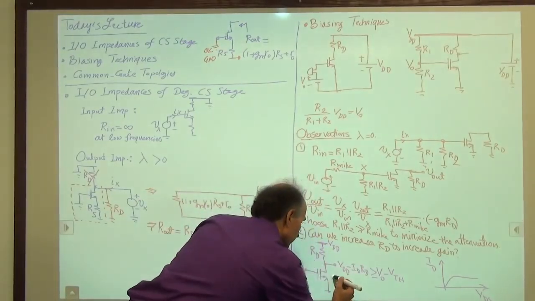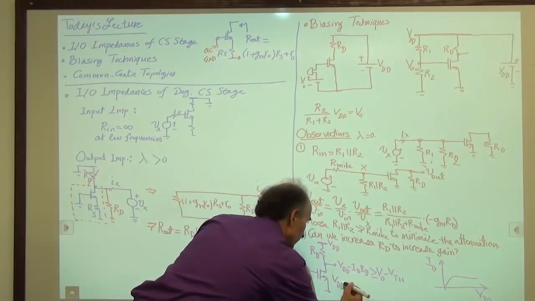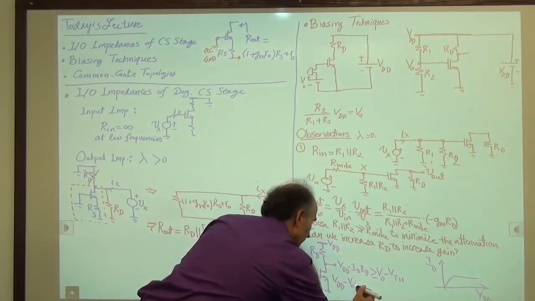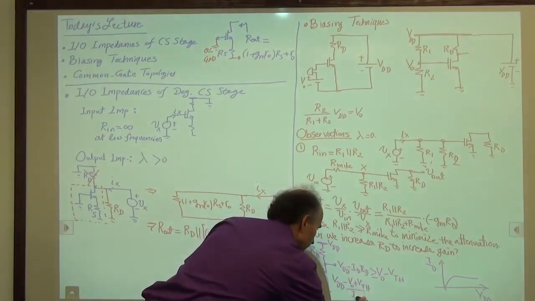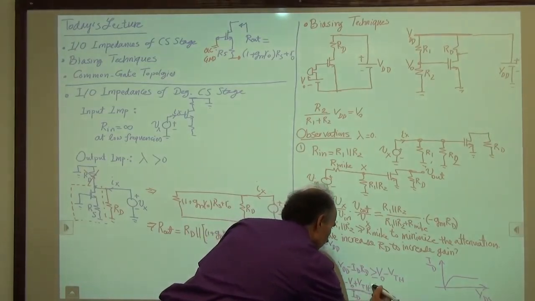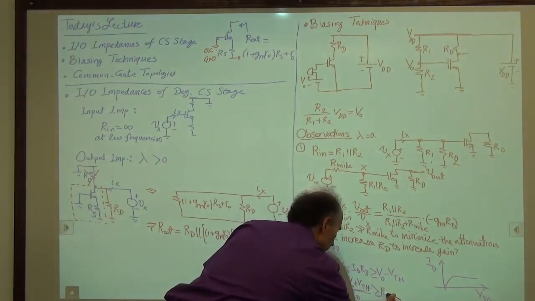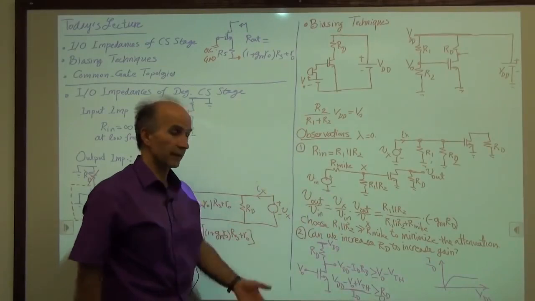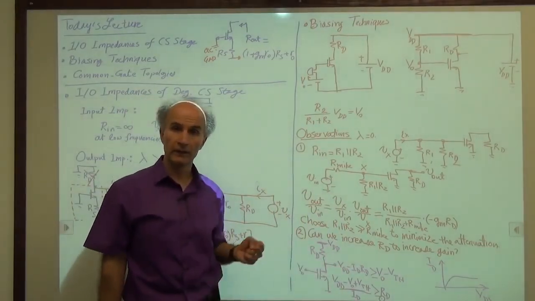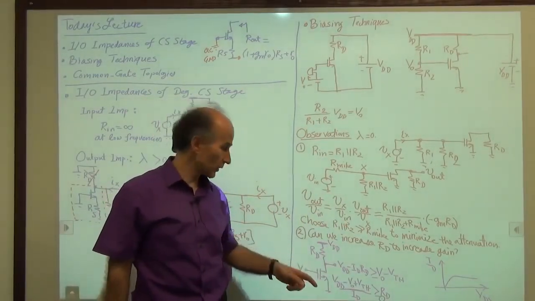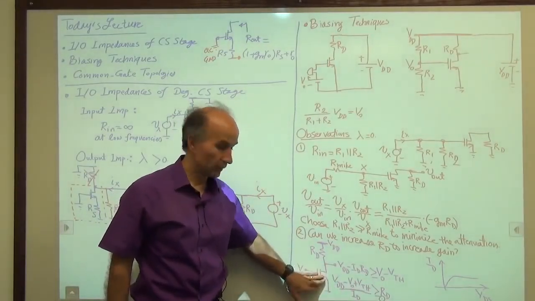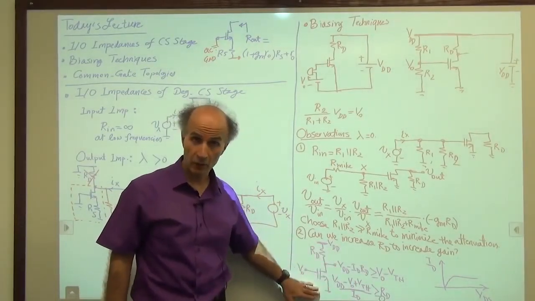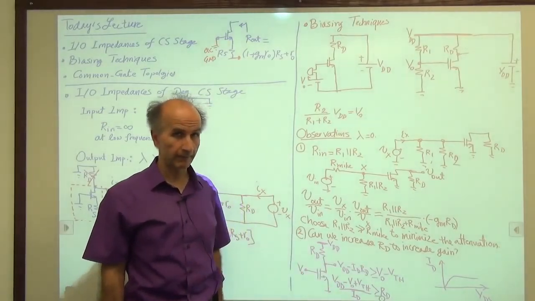So we can say that RD has to be less than or equal to (VDD minus V0 plus VTH) divided by ID. That's the upper limit on RD. If RD is larger than this value, then this voltage is too low, the device is no longer in saturation, the device is in triode region, we have a problem.